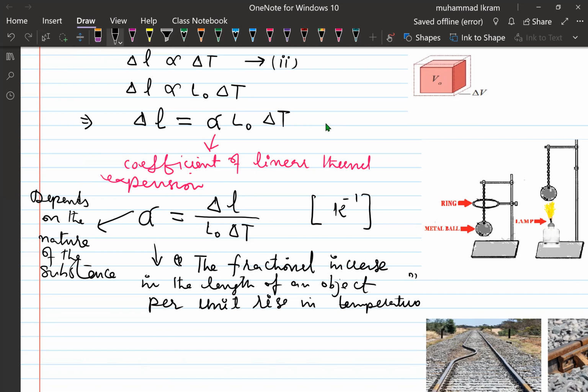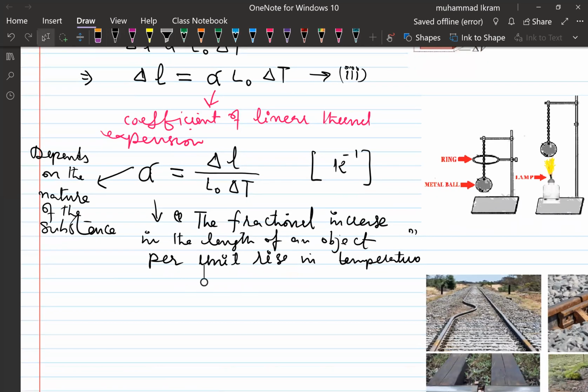So that is known as the coefficient of linear thermal expansion. It is different for different substances, and can only be calculated from the experiment.